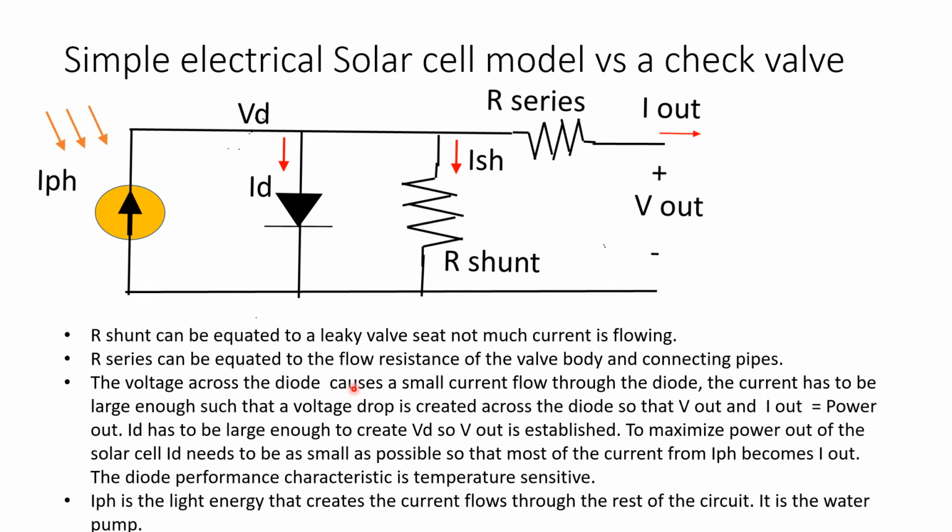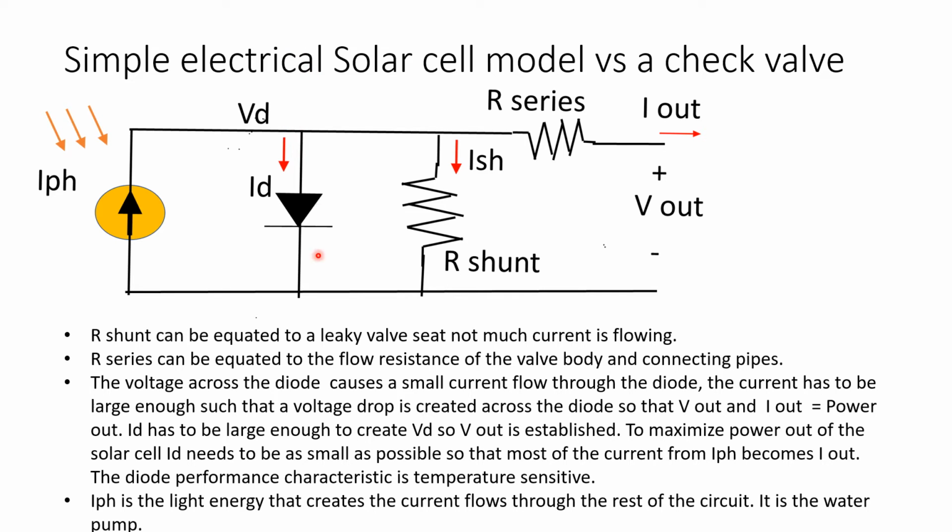The voltage across the diode causes a small current flow through the diode in a downward direction. Okay, this is an interesting way to model that. The current has to be large enough such that the voltage drop is created across the diode so that the V out and I out equal power out. ID has to be large enough to create VD, so V out is established.